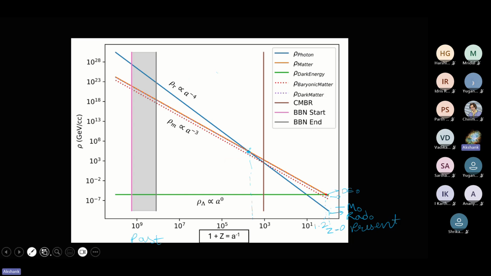So these are called your eras. This is your radiation dominated era. Before this redshift, all the universe was radiation dominated. Radiation was the largest constituent.